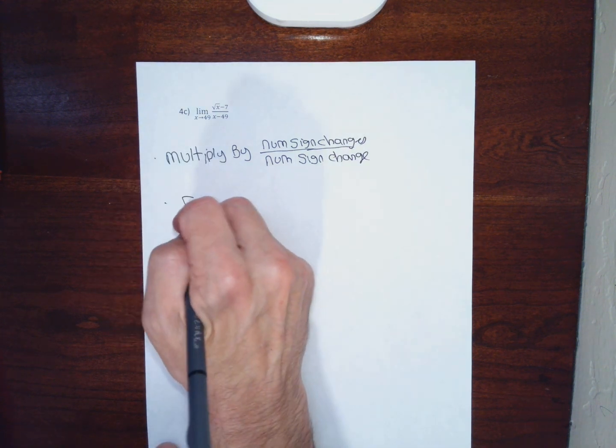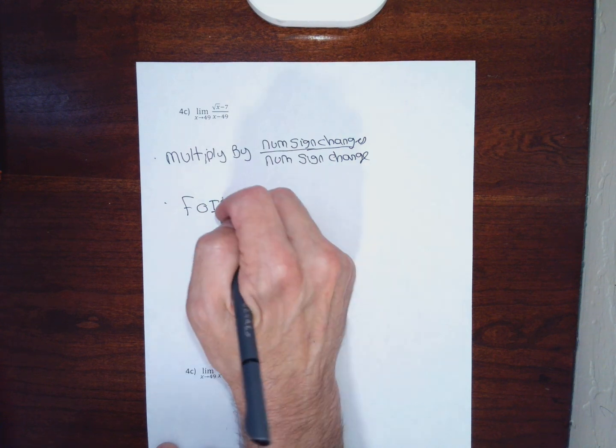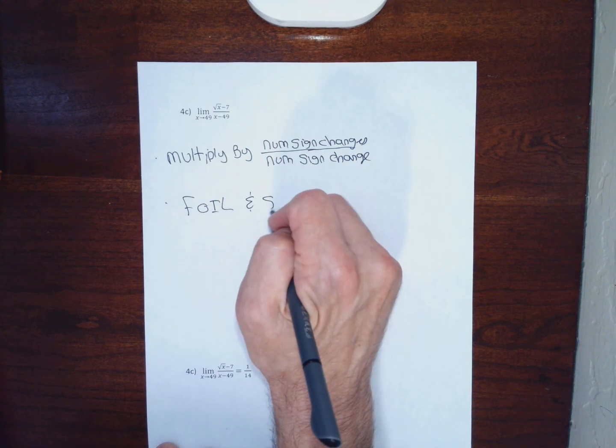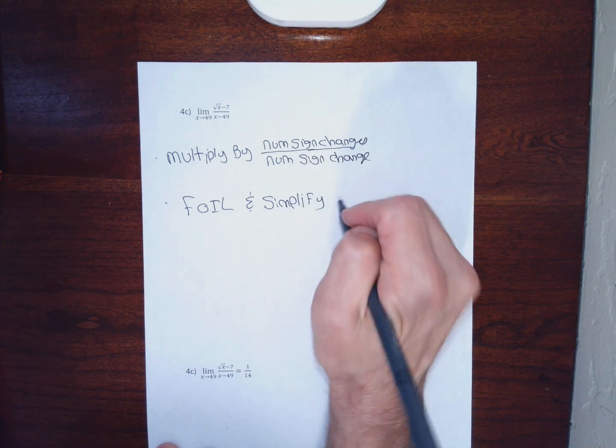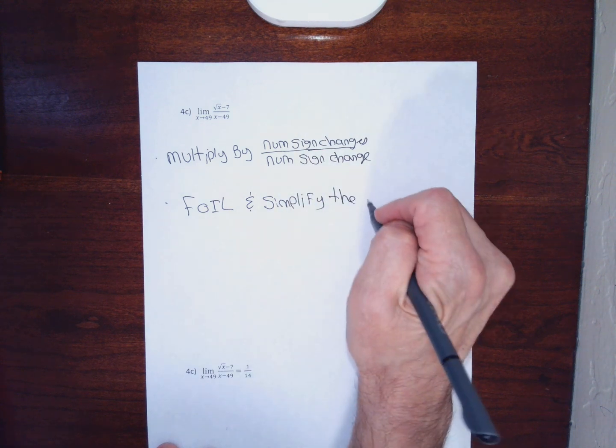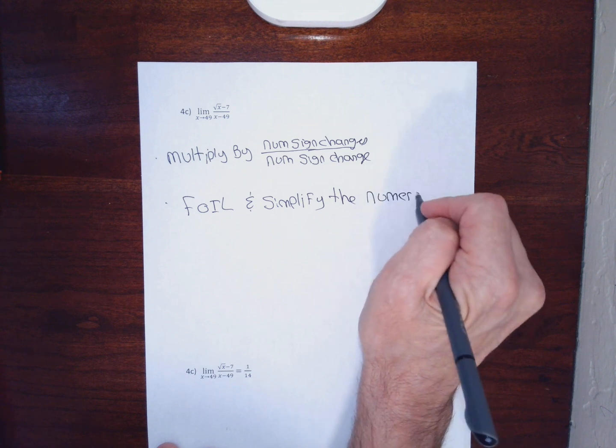I FOIL and simplify the numerator, but I leave the denominator alone.